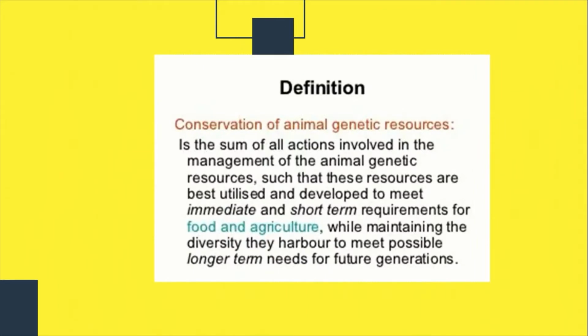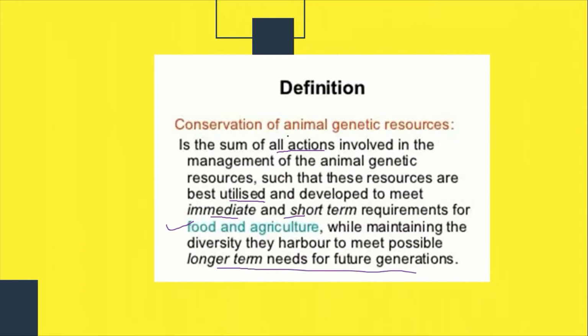Conservation of an animal genetic resource is the sum of all actions involved in the management of animal genetic resources, such that these resources can be utilized and developed to meet immediate and short-term requirements such as for food and agriculture, while also maintaining a diversity harbor that can meet longer-term needs for future generations.